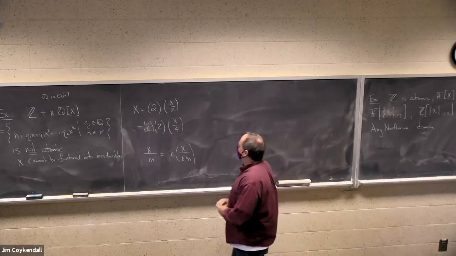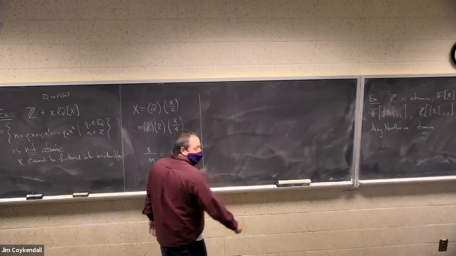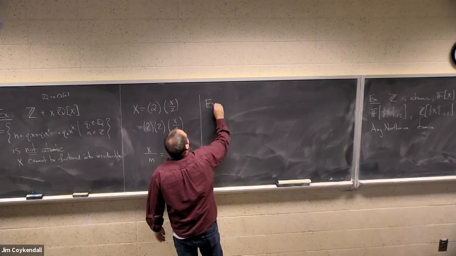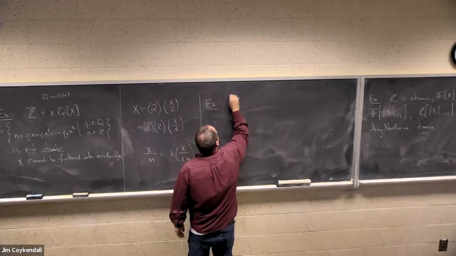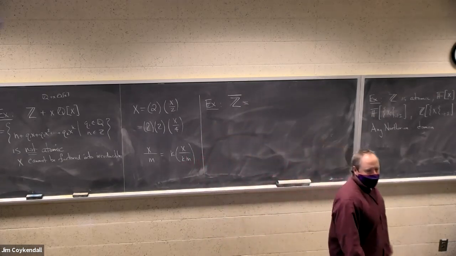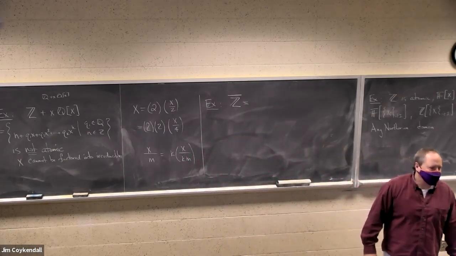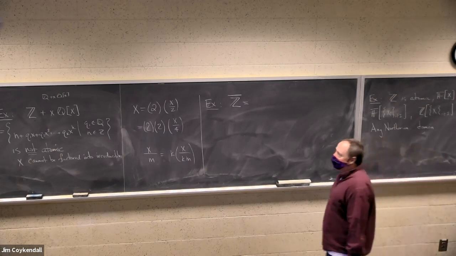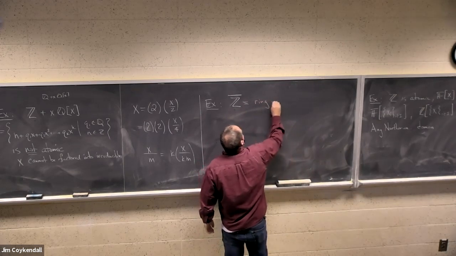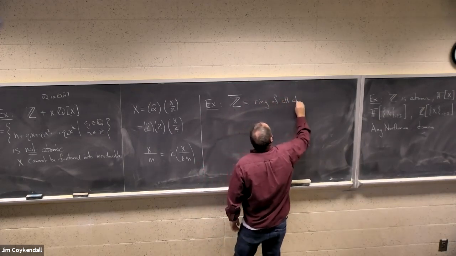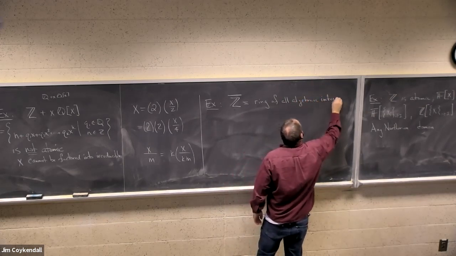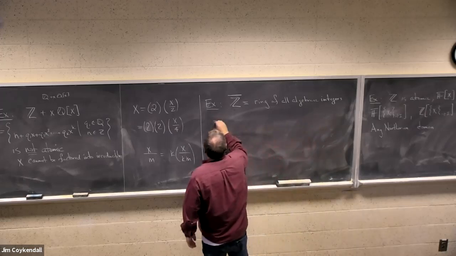Here is another example that's perhaps more striking. How many of you are kind of fans of number theory? This is the ring of all algebraic integers. And what do I mean by this?